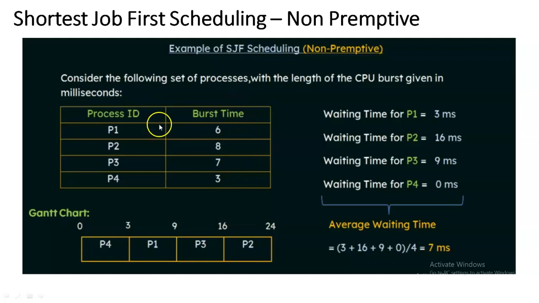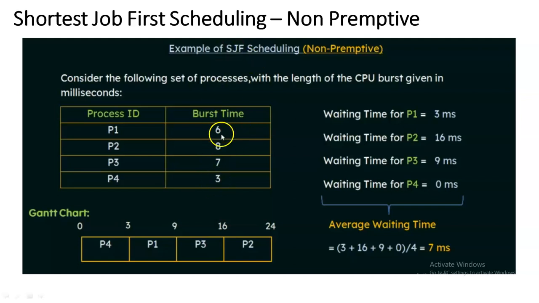So this is the question given, process ID, 4 processes have been given and the burst time of each process has been given. To draw the Gantt chart, as we saw in the previous FCFS video, the Gantt chart will be starting from 0. Now you compare all these 4 processes, whichever process is the shortest one.